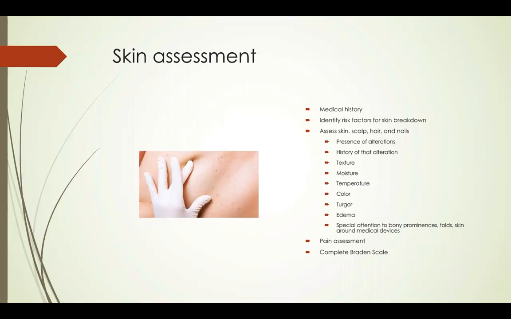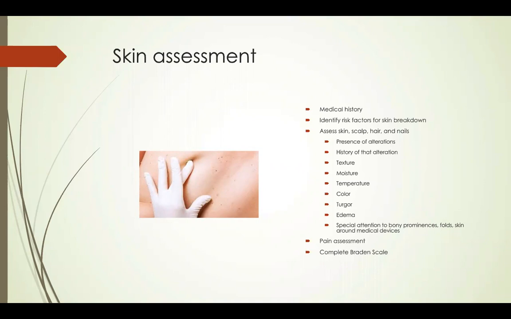Now for moisture, again, is it dry or moist to touch? Do they have any eczema or dermatitis, like an irritation of the skin? Any psoriasis, any rashes, swelling? Going to the temperature, sometimes when people have inflamed and irritated skin, it will get warmer, so you want to look for that.